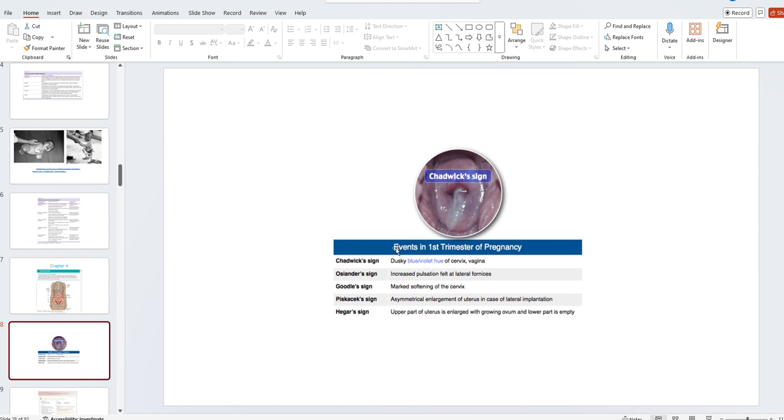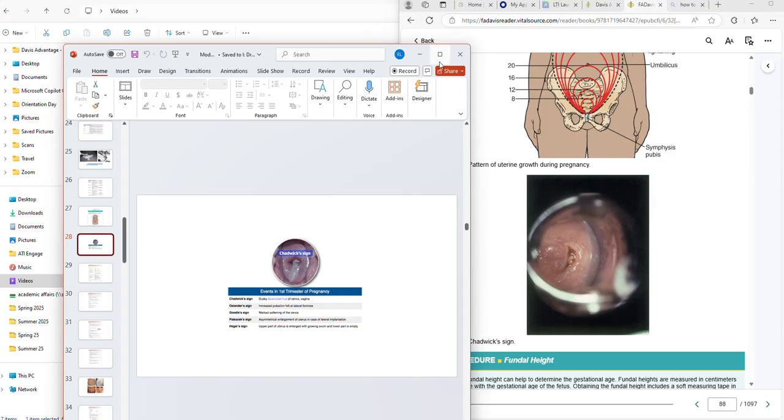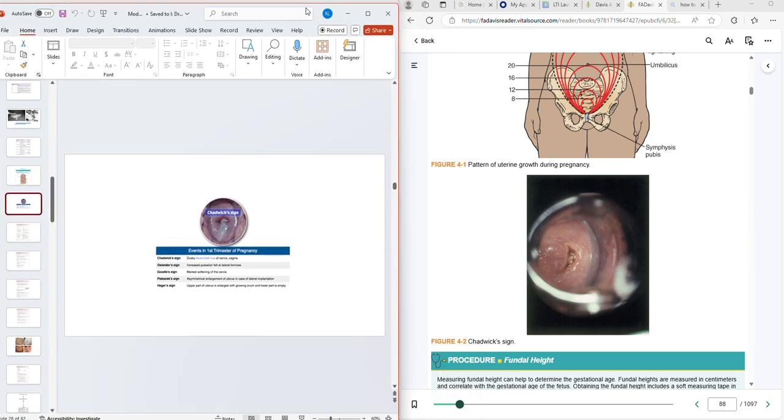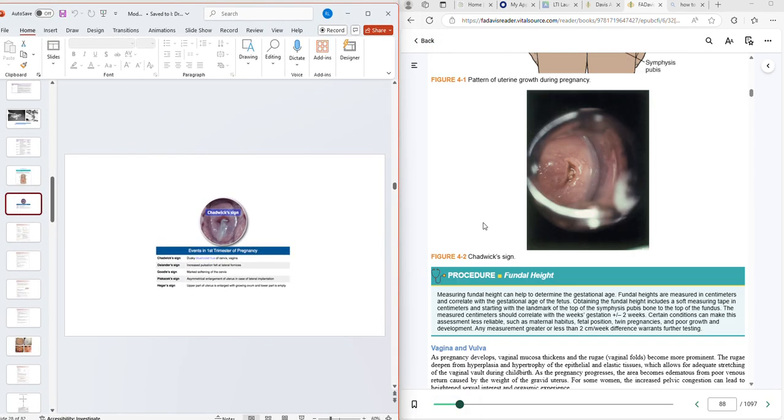Then you have Ladin, Goodell sign, which is the softening of the cervix, Piskacek, and Hegar sign. The ones I want you to know are the Chadwick sign, which makes the cervix blue, and the Goodell sign, which is the softening of the cervix. You see how it's kind of a blue tinge right here? So make sure you understand that.